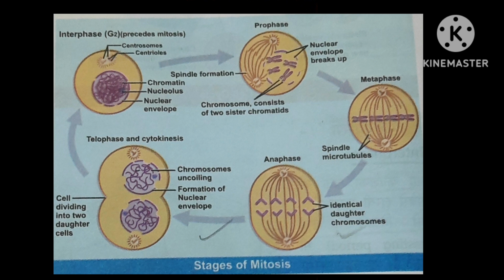After karyokinesis, or nuclear division, cytokinesis occurs. The apical meristem in plants is the region that contains the highest percentage of cells undergoing mitosis. Tips of growing plants, such as onion roots, are the best material to study mitosis.